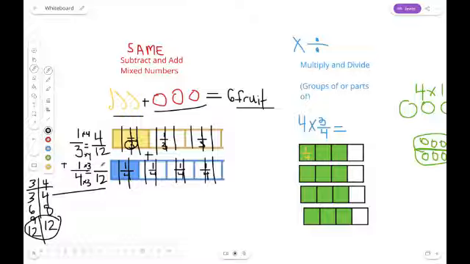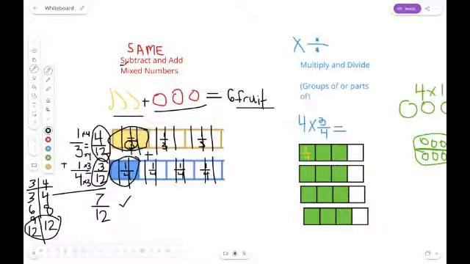I scaled it by 3 to get 3 twelfths. And 4 twelfths plus 3 twelfths equals 7 twelfths. Let's make sure that matches our picture. I had 4 twelfths here. I had 3 twelfths here. So, yep, it matches the picture.